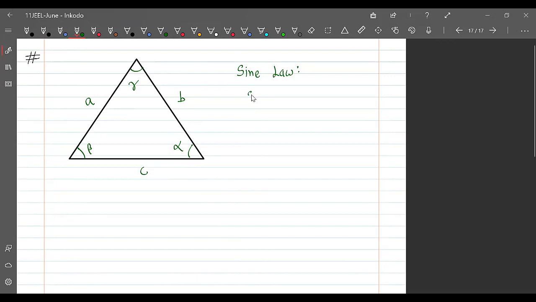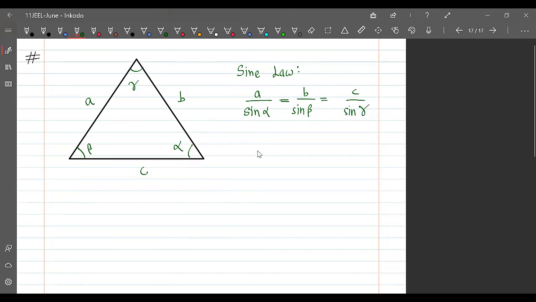Sine law says that sine alpha by A will be equal to sine beta by B, which will be equal to sine gamma by C. And for our case, what will be useful is this form, just reversed: A by sine alpha is equal to B by sine beta, which is equal to C by sine gamma.